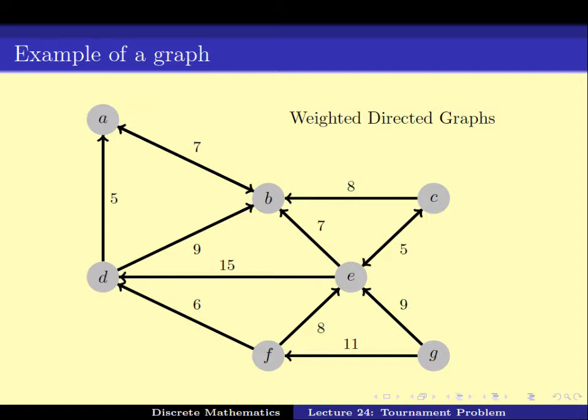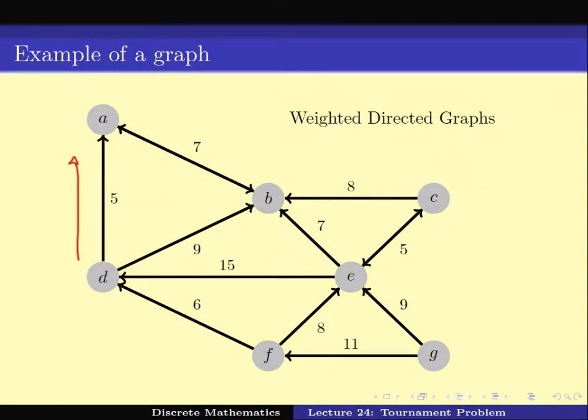The arrow says that there is an edge from D to A. An arrow on both sides means that there is an edge from A to B and an edge from B to A. So this helps us to represent graphs or binary relations which are not symmetric.